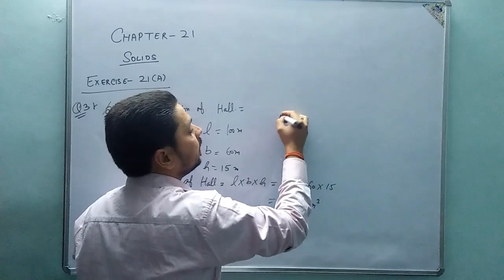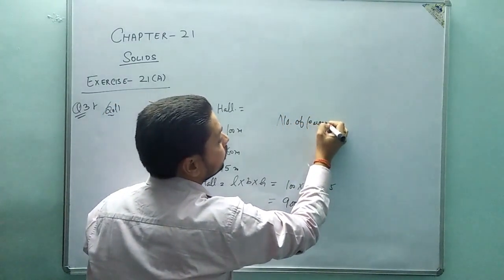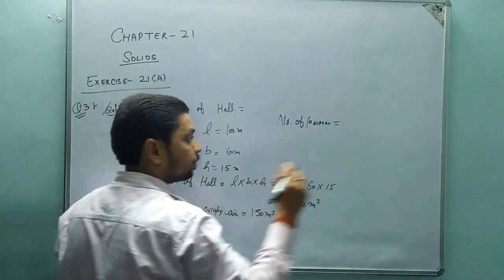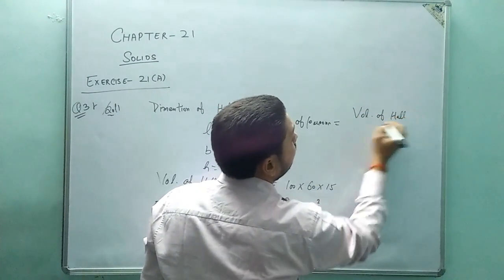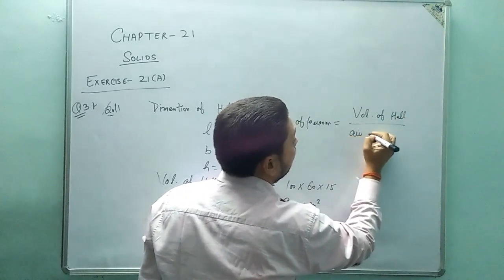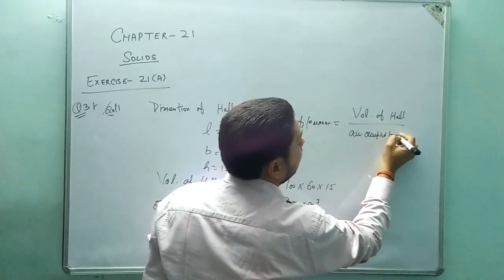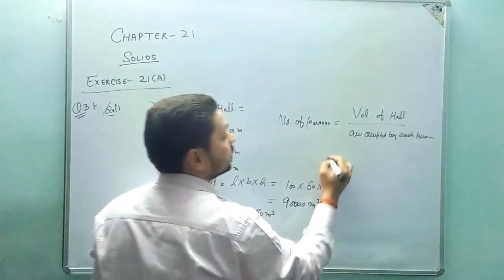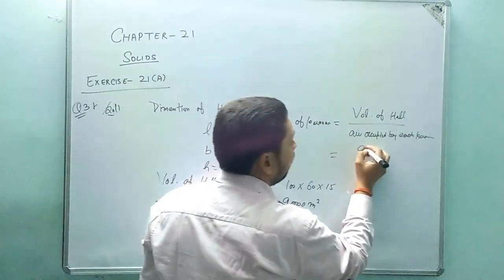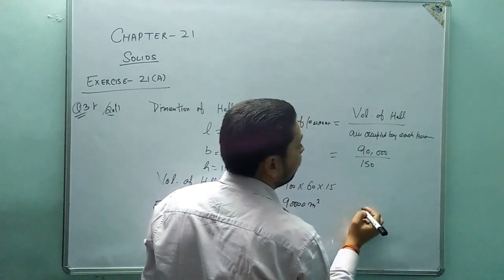Then number of persons is equal to volume of hall over air occupied by each person, that is 90,000 divided by 150.